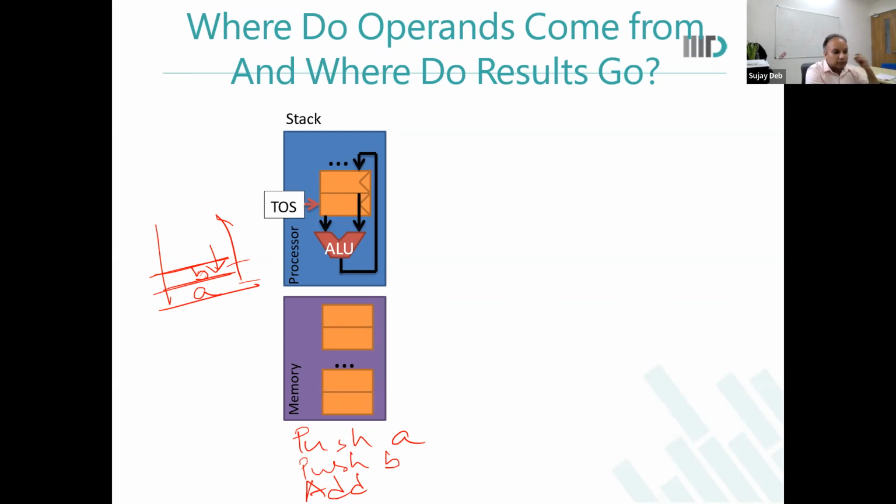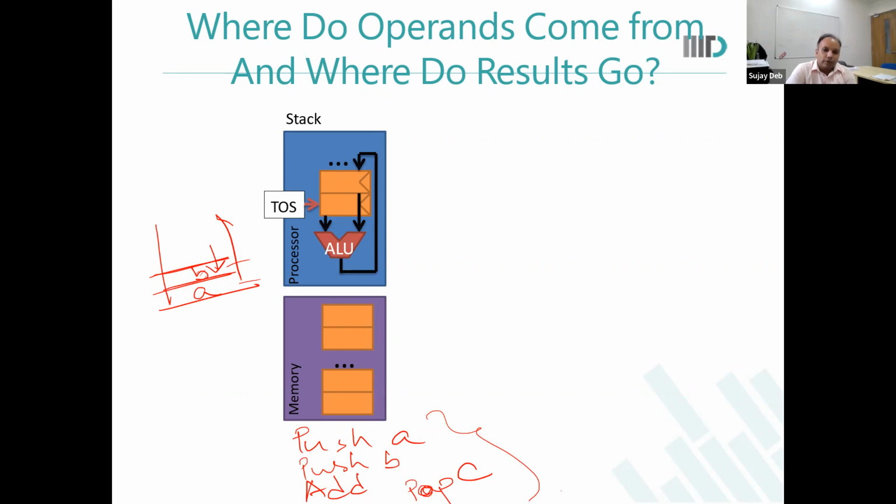Now I want the result in C. So what I'll do, I'll just pop. Pop means I'll be reading the top content and storing it in C. So pop C. In this machine model, you see that you do not have to explicitly mention any of the operands.